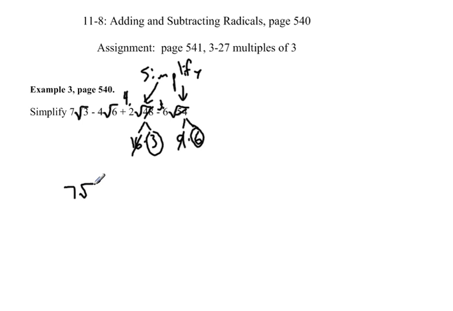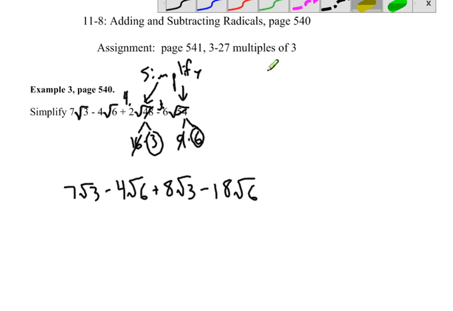So here's your next step. 7 square root of 3 minus 4 square root of 6 plus, don't forget to do 4 times 2 to get 8 square root of 3. And then 3 times 6, that's a minus, 18 square root of 6. Alright, now combine like terms. I've got 7 square root of 3 plus 8 square root of 3.